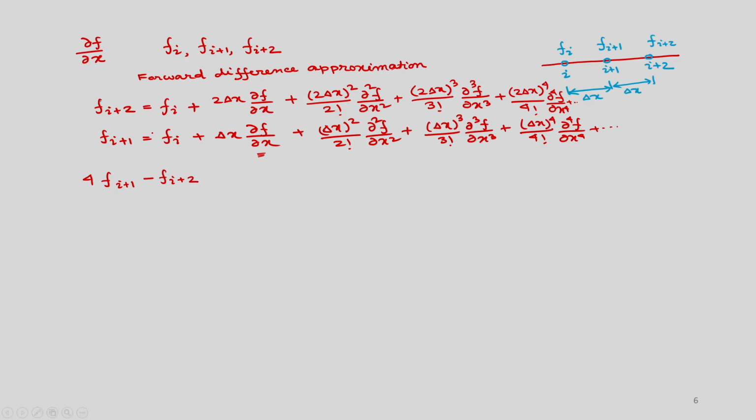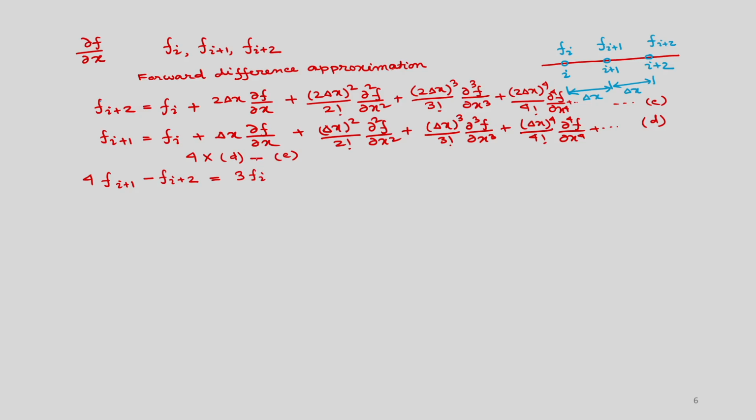So, what will you get? If you call this equation C and this equation D, then you write 4 into equation D minus equation C. If you do that, then what will you get? So, 4 f I plus 1 minus f I plus 2, so it will be 3 f I.